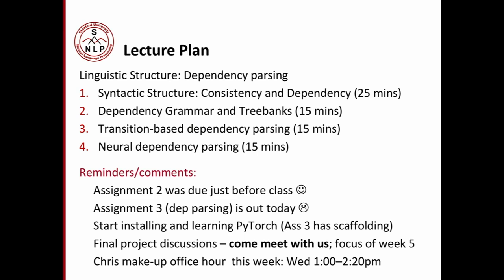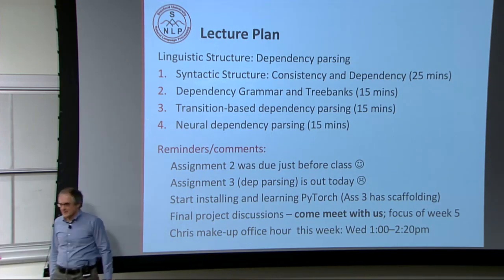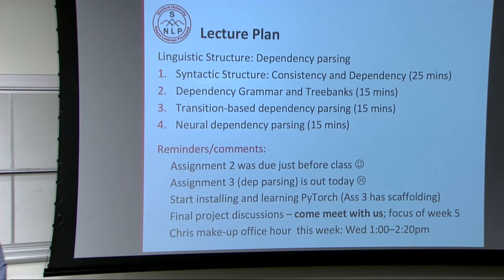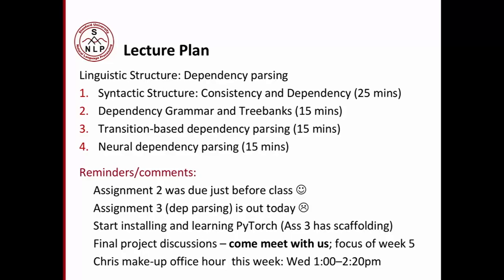The other thing that happens in assignment 3 is that we start using a deep learning framework, PyTorch. For doing assignment 3, instruction 0, and this is in the PDF for the assignment, is to install PyTorch as a Python package and start using that. We've attempted to make assignment 3 a highly scaffolded tutorial where you can start to learn how to do things in PyTorch by just writing a few lines of code at a time.